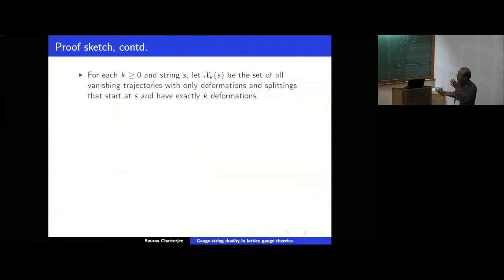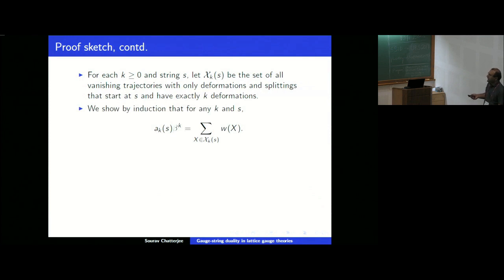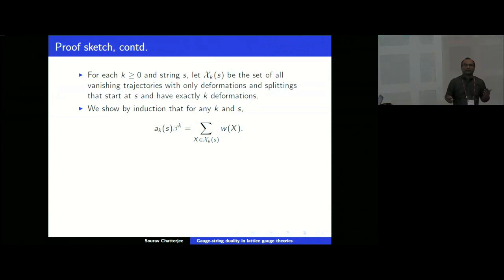Now, for any k and S, let X_k(S) be the set of all vanishing trajectories with only deformations and splittings, which start at S and have exactly k deformations. Then you show by induction, again on k and S, a simple induction on k together with this index induction on S, this two-way induction, that the term a_k(S) beta^k, the kth term in the power series, is actually a sum over trajectories like this.